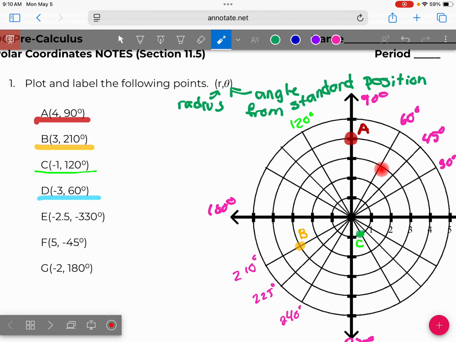This one says on 60 degrees, we need to go -3. So 0, 1, 2, 3. It's still on the line that's at 60 degrees. We just went -3 from our circle. So 1, 2, 3. This guy right here should be our point D.